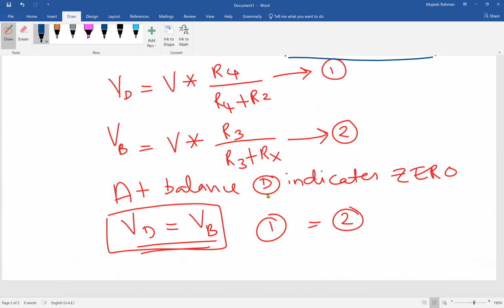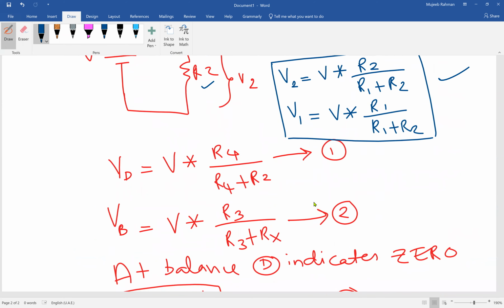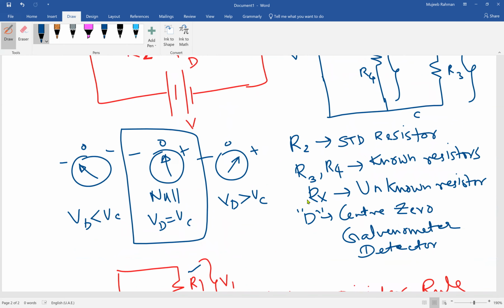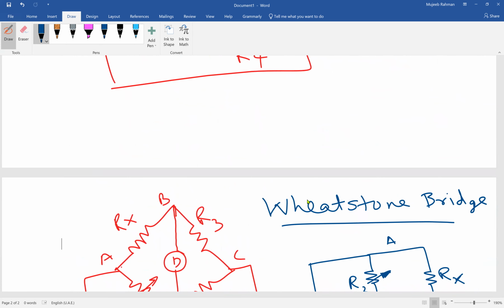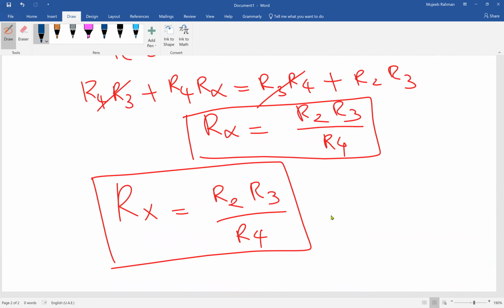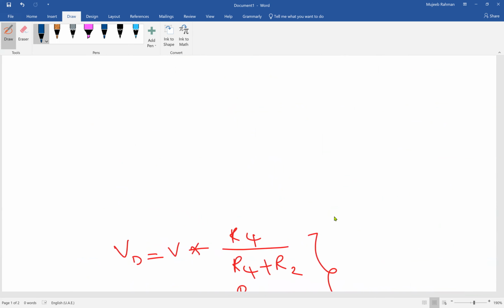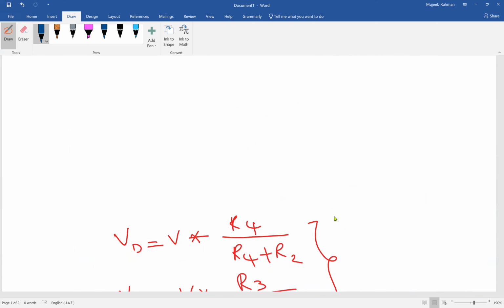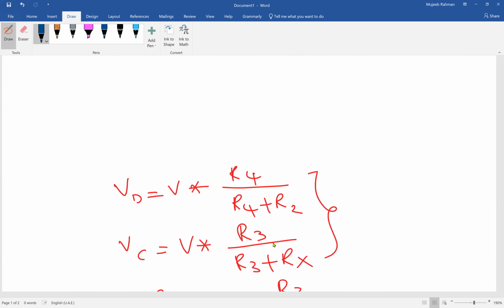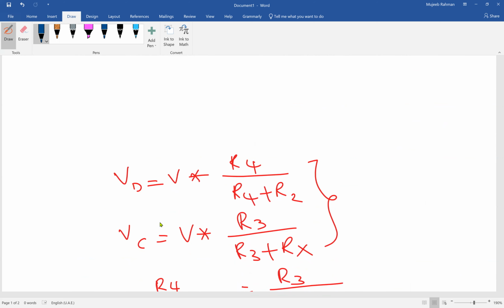Now, at balance condition, we already said that the detector indicates 0, so VD is equal to VB. Now we can equate both equations. VD is equal to V into R4 divided by R4 plus R2, and VB is equal to V into R3 divided by R3 plus Rx.